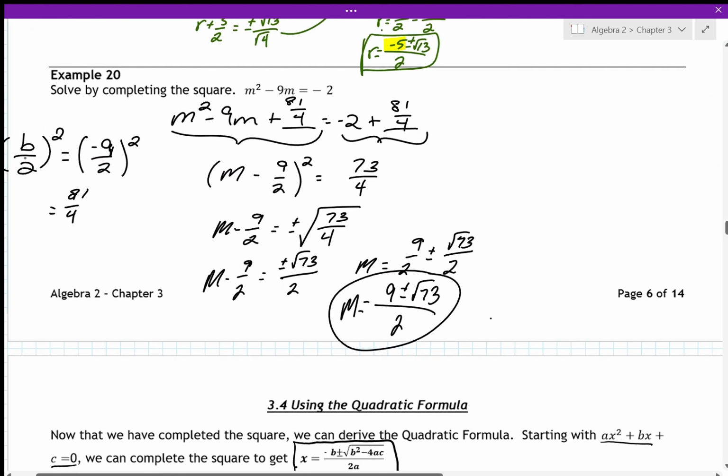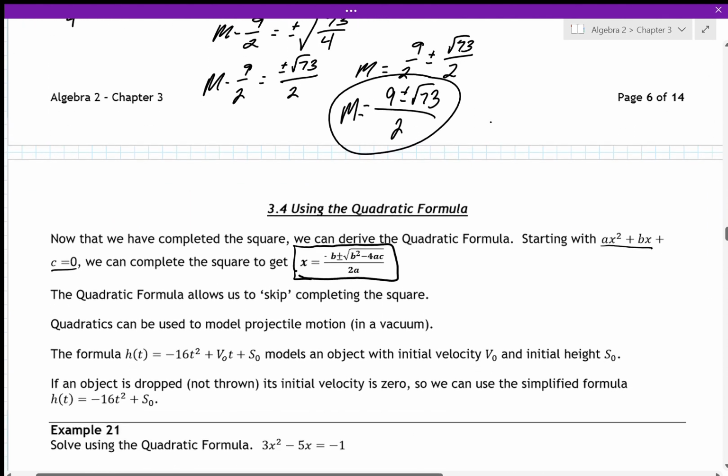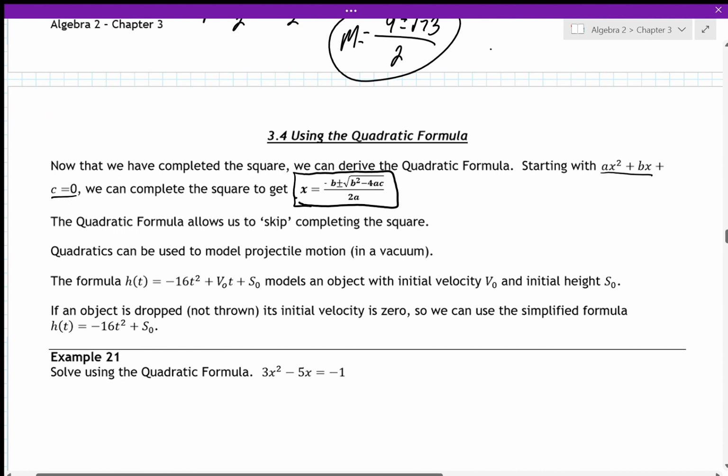We had b over 2 squared, we plugged in the -9 right there. Whereas when you derive the quadratic formula, you just use the variables, and it ends up giving you this equation right there. Now this is normally one of those things that people try to memorize, and I'm going to say that you should probably try to memorize that. There are lots of different videos, different songs that it goes with that might be useful.